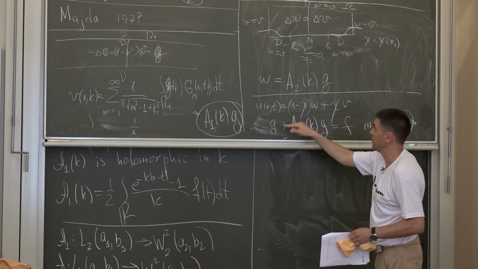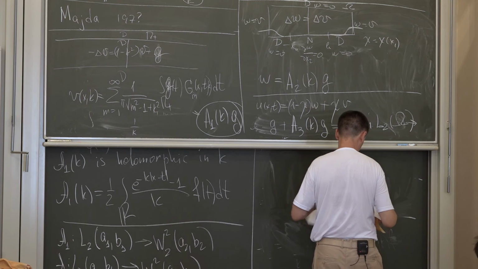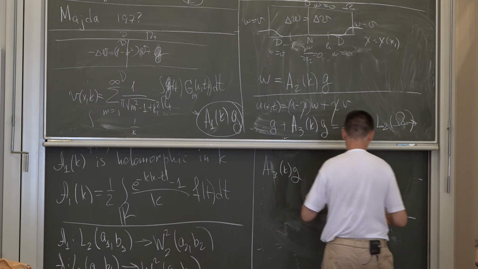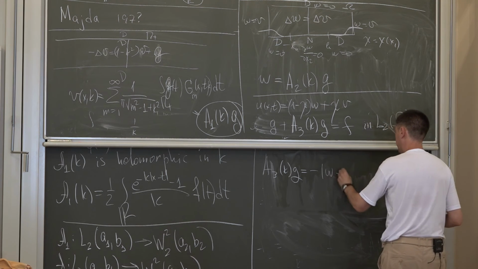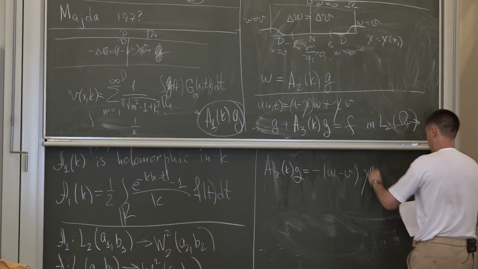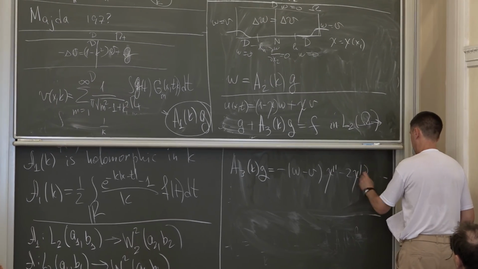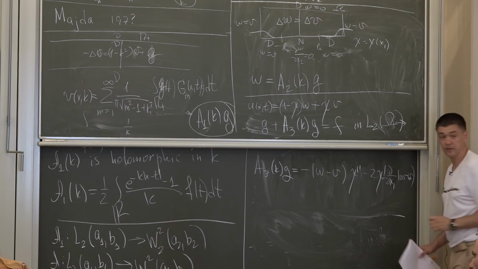So A3 looks as follows. It will be minus W2 minus V chi prime, W2 minus V.